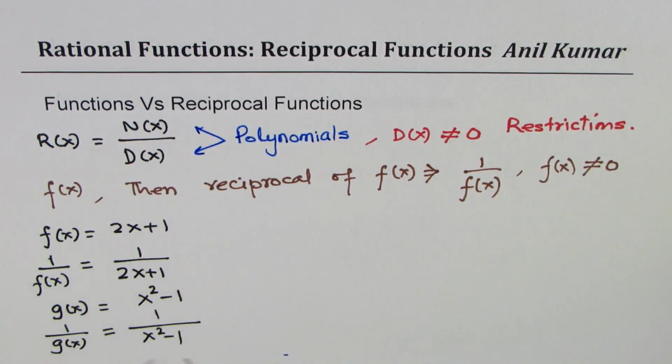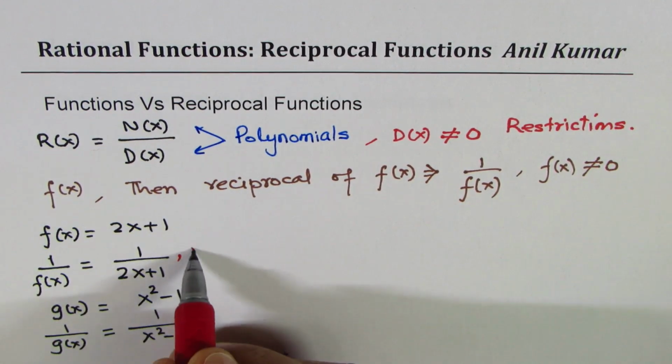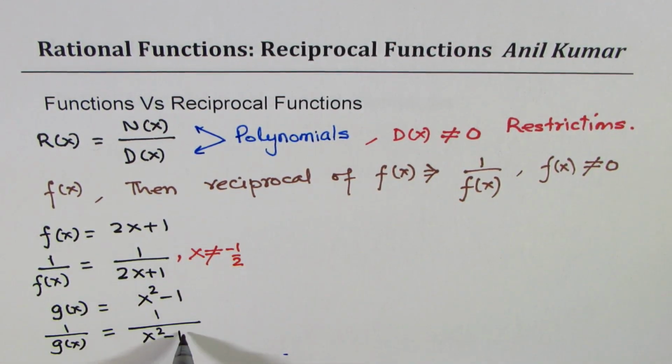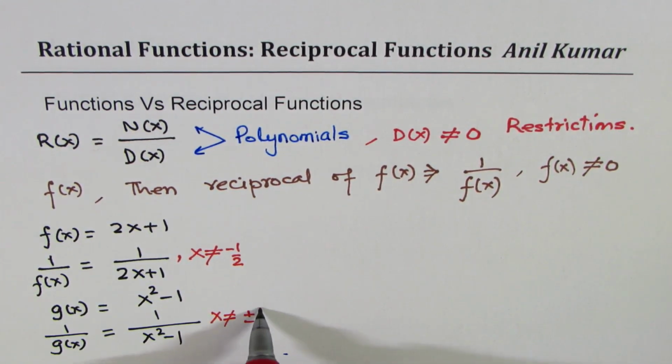Whenever you write these, you have to be clear that the reciprocal function has a restriction. Here, x is not equal to minus half, and in this case, x is not equal to plus and minus 1.